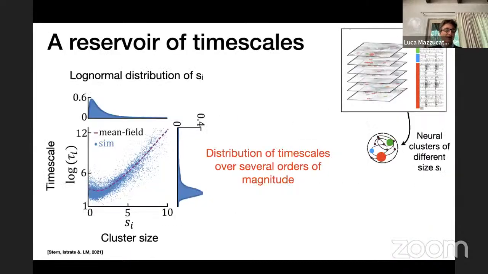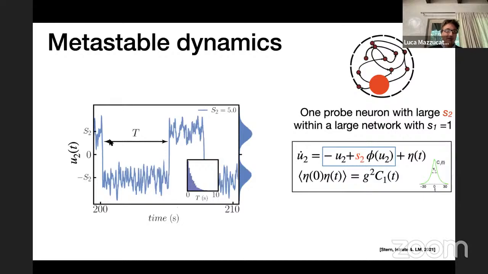So where's metastable activity in this game? What we found is something very interesting: when the self-coupling becomes very large, then the network activity becomes metastable. What I'm showing you here is a snippet of network activity for a unit that has a very large self-coupling, equal to 5, for example. The activity is localized around two values, plus or minus the value of the self-coupling.